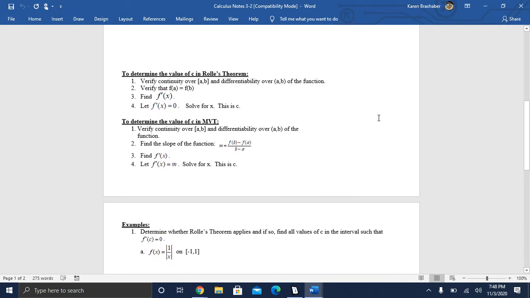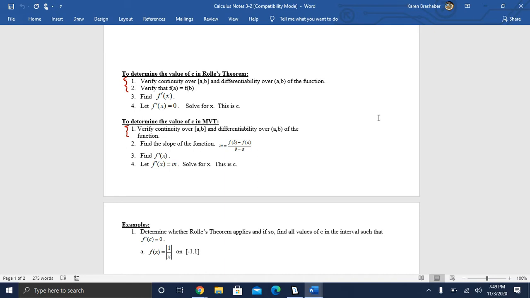But I will say that the two steps where you need to verify, I am requiring that you show this because I want you to know that those conditions have to be held in order for Rolle's theorem to apply. And then likewise, for the mean value theorem, I want you to make the statement about continuity and differentiability.